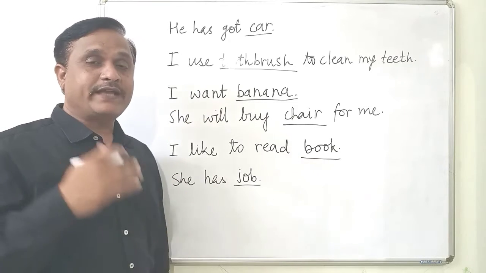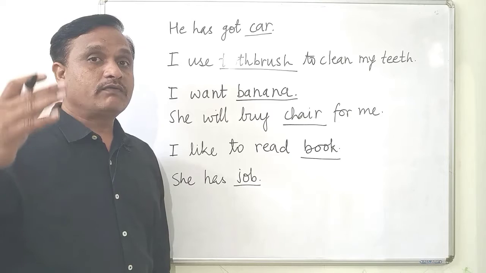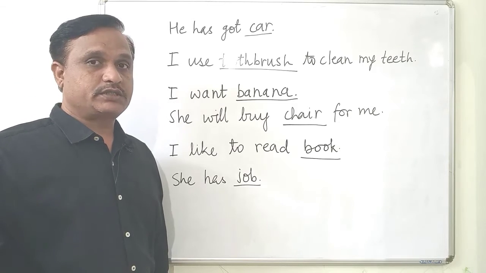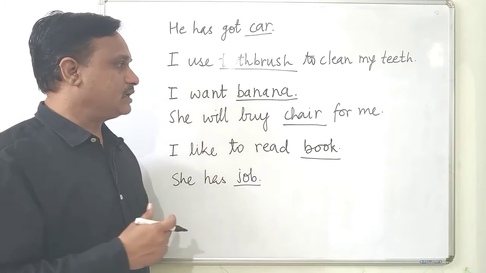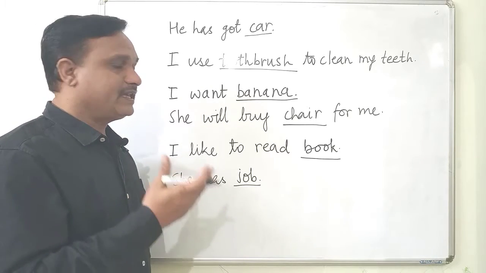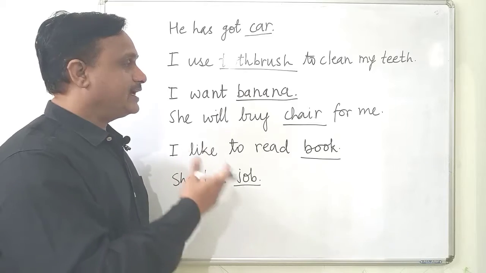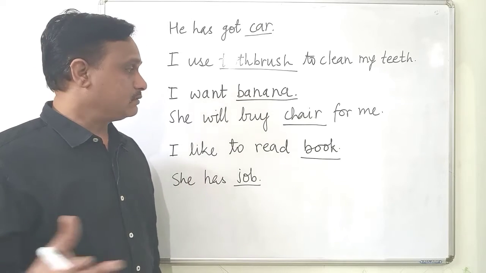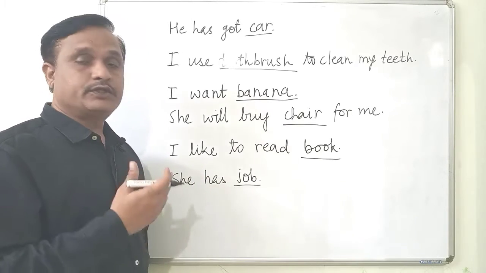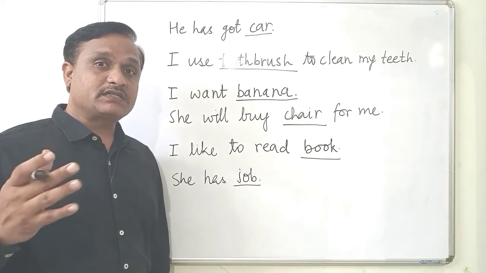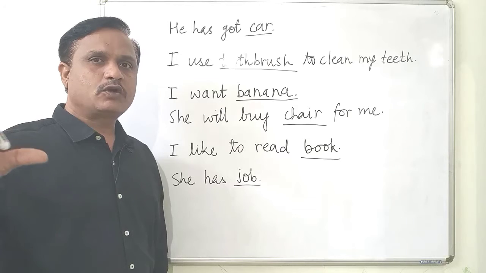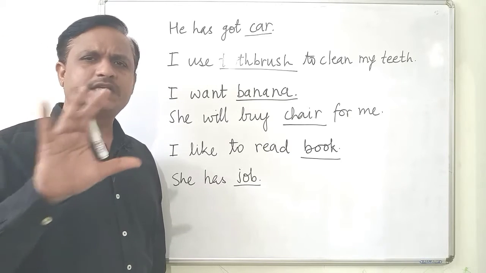Toothbrush, when I say toothbrush, you form an idea of a toothbrush. Banana, you get a clear image of banana, not a particular banana as such. Chair, you get an image of chair. Book and job. So these are the words which give us an image, a common image, not a particular image.